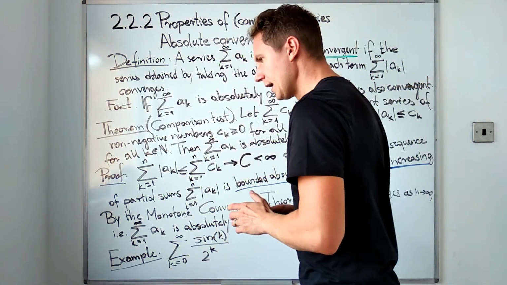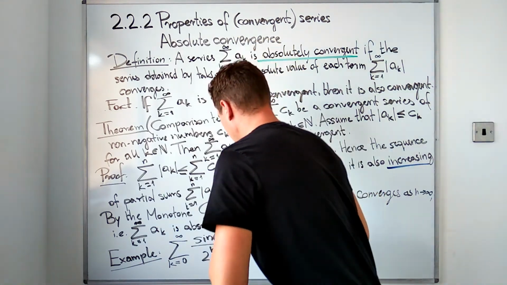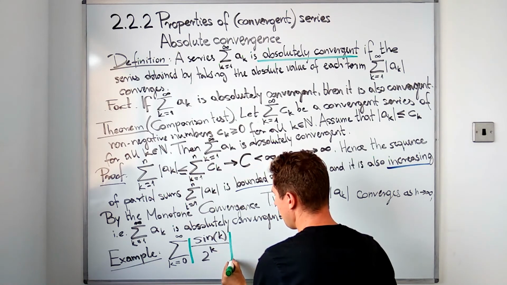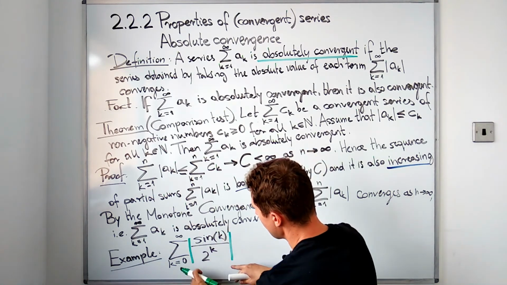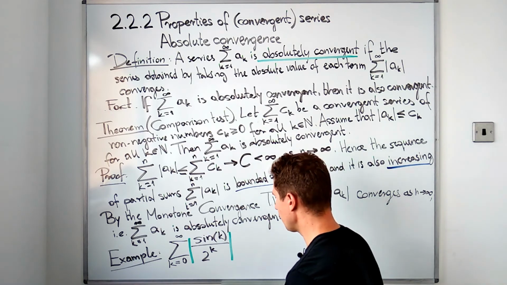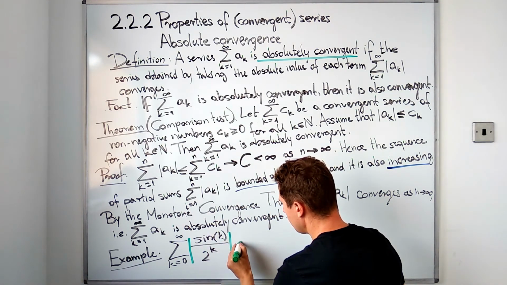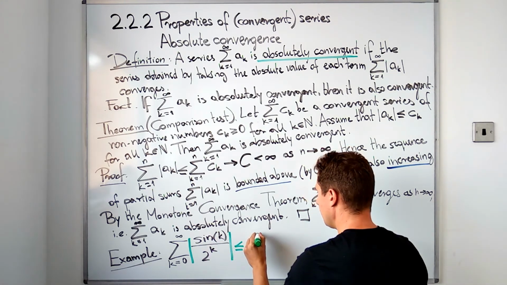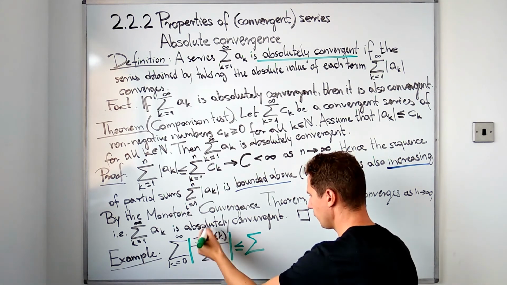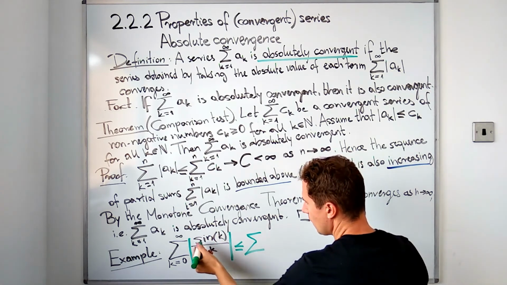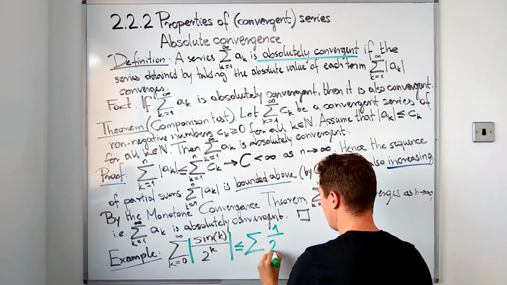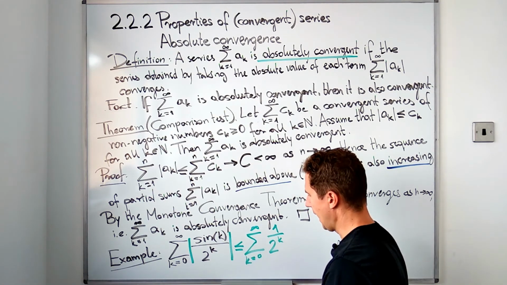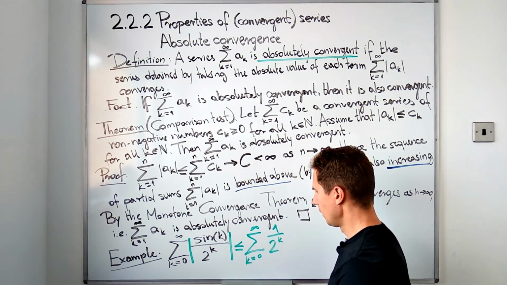Okay, I hope you paused it and have found that if we want to establish the absolute convergence of this series, we have to look at the series which takes the absolute value of each term and adds those up. But we can give a comparison series for this series, which is just 1 over 2 to the power k summed up, because the sine of k in absolute value is less than or equal to 1.